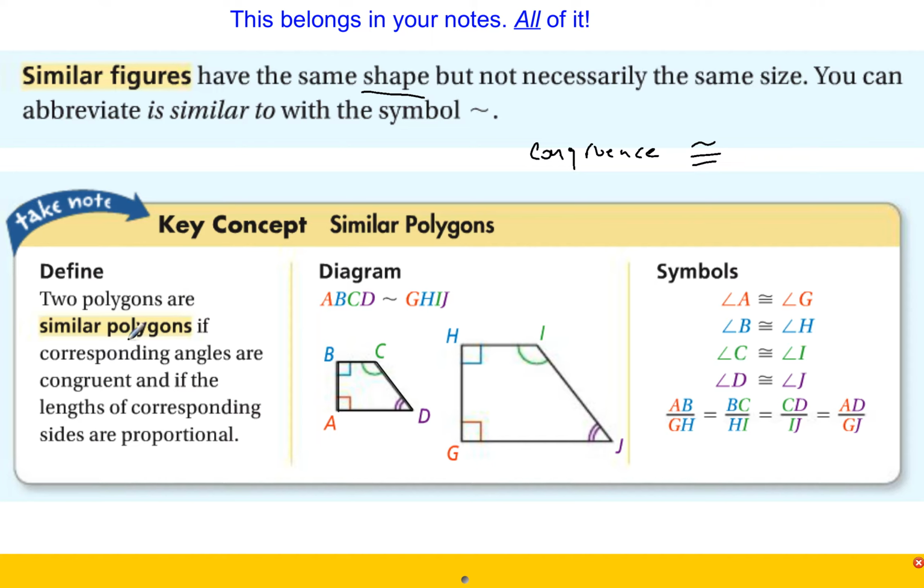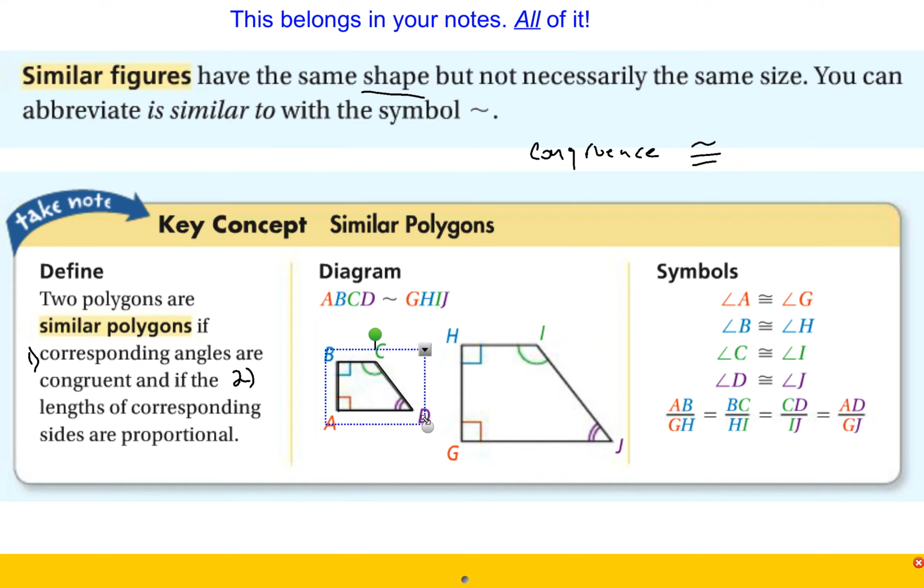Two polygons are similar if, and this is very important, there are two components. Number one, the corresponding angles are congruent, and number two, the lengths of the corresponding sides are proportional. So let's take a look at this figure. We have ABCD, and ABCD is clearly being enlarged to arrive at GHIJ.